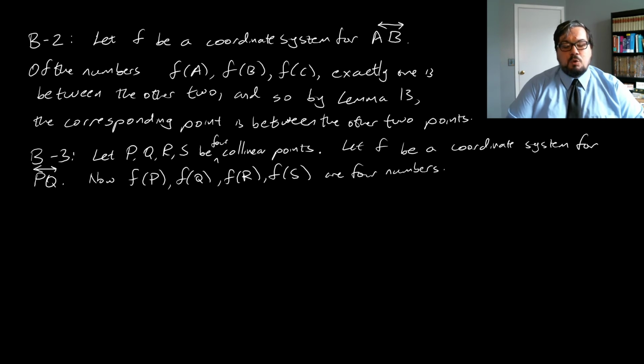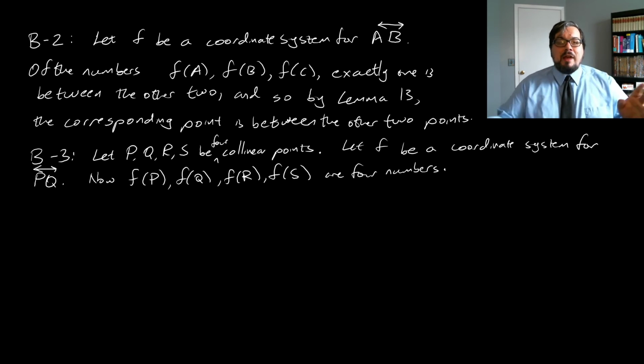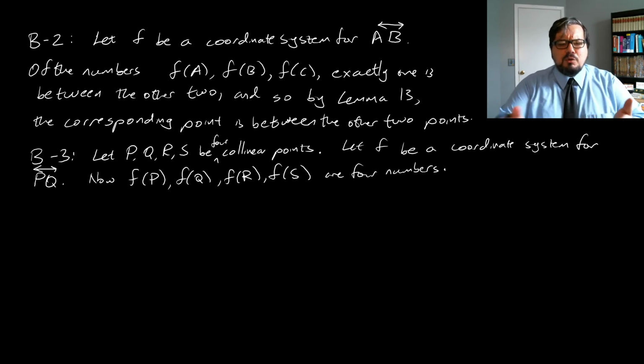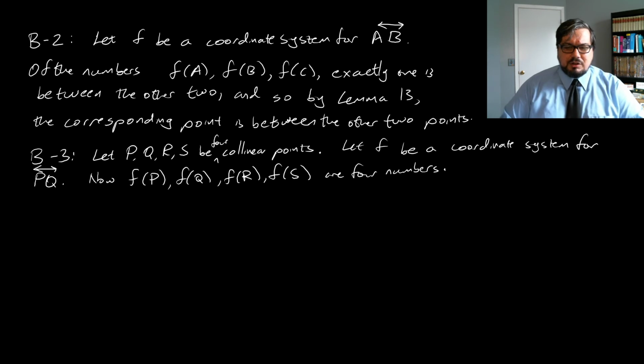We can look at the coordinates of these 4 points, and we can arrange them in a certain order. We can arrange them from smallest to greatest. Now we don't currently know which of P, Q, R, and S are going to be the largest or the smallest, but we can relabel them, which is sort of the point of B3.